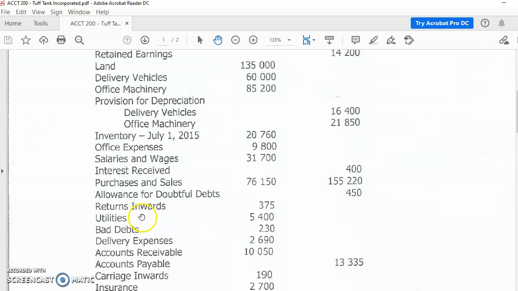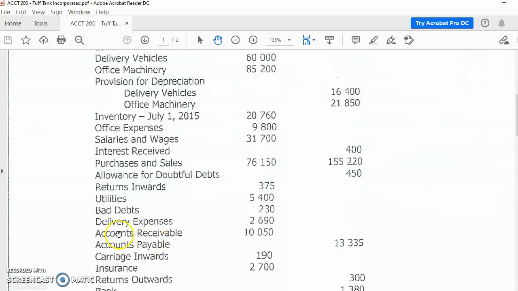We've already dealt with return inwards in our turnover. We have utilities. Deciding to write off a debt is also part of the office environment or administration task. So this is part of our admin expense, bad debts. Then we have delivery expenses.